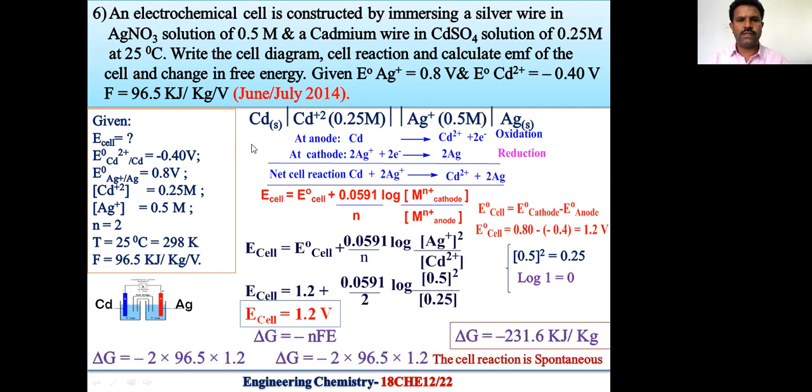And lastly, the change in free energy, delta G, is equal to minus nFE.